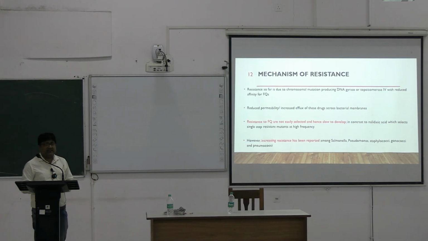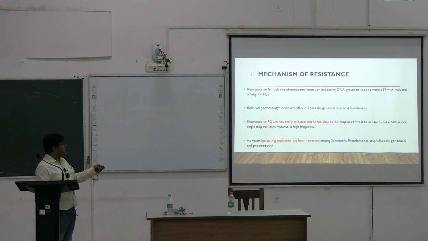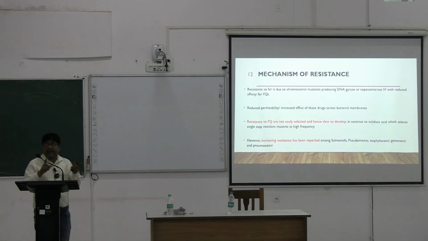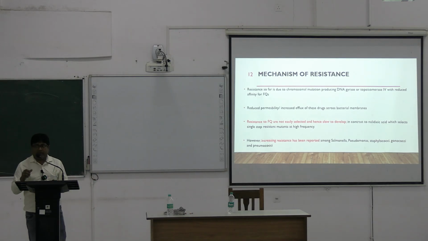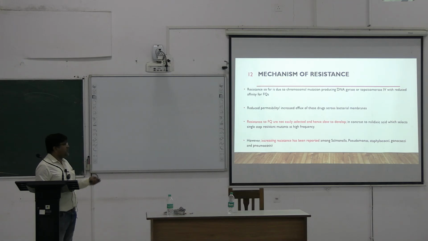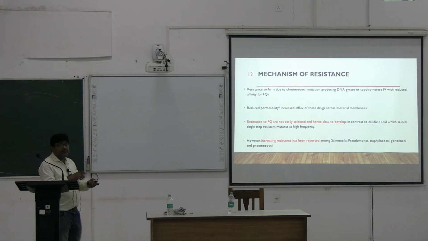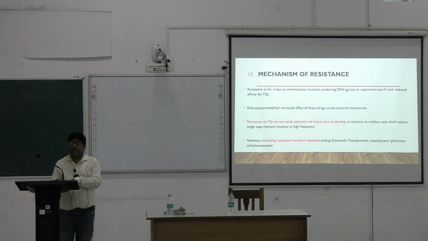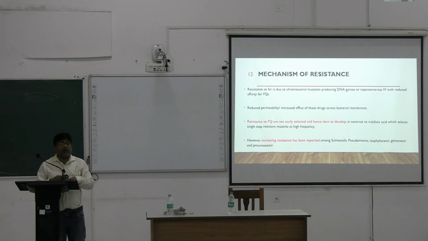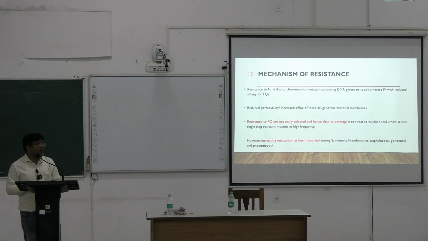Mechanism of resistance. Number 1, resistance is due to chromosomal mutation producing DNA gyrase or topoisomerase 4 with decreased sensitivity, or decreased affinity, for the fluoroquinolones. Number 2, reduced permeability of the drug to the bacterial cell membrane or increased efflux of the drug by the bacterial cell membrane.